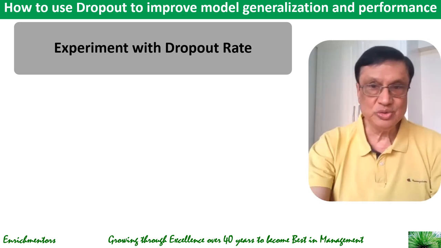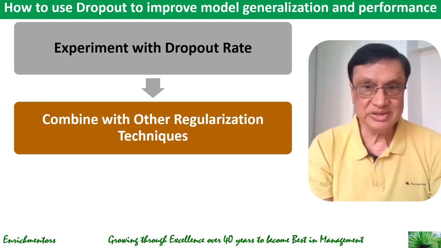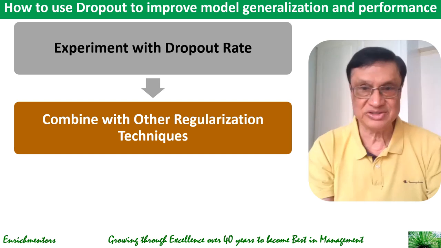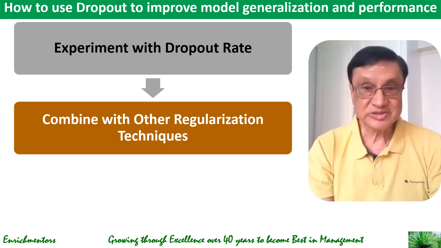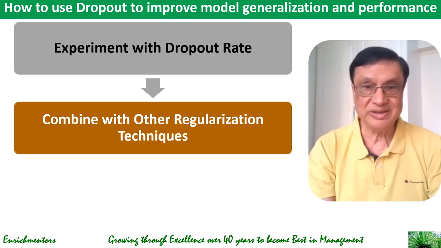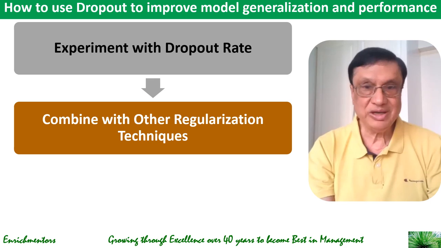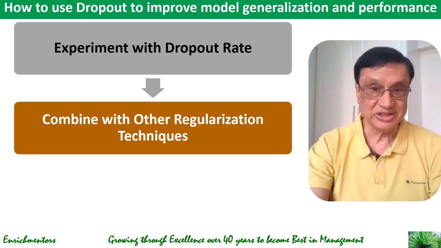Dropout can be used in conjunction with other regularization techniques such as L1 and L2 regularization to further improve model generalization. Experiment with different combinations of regularization techniques to find the best configuration for your specific problem.